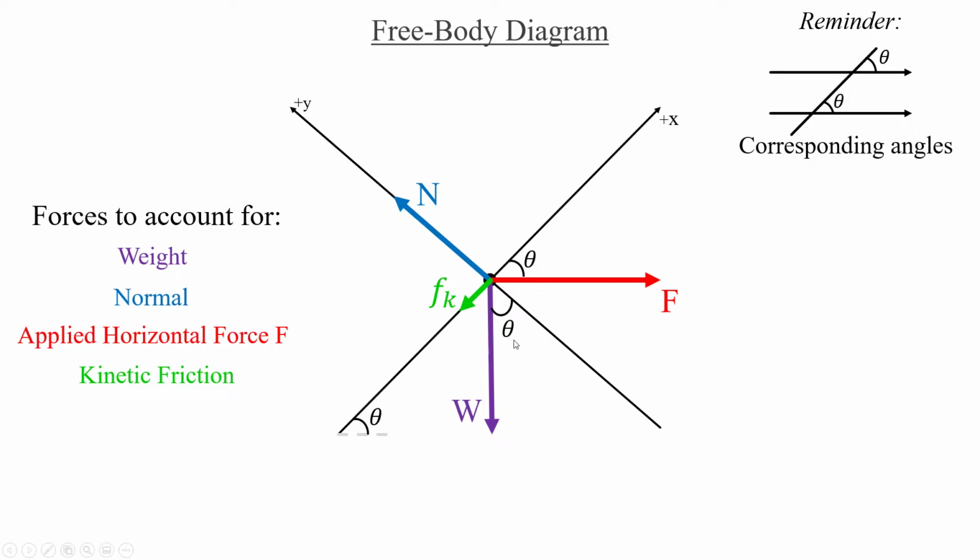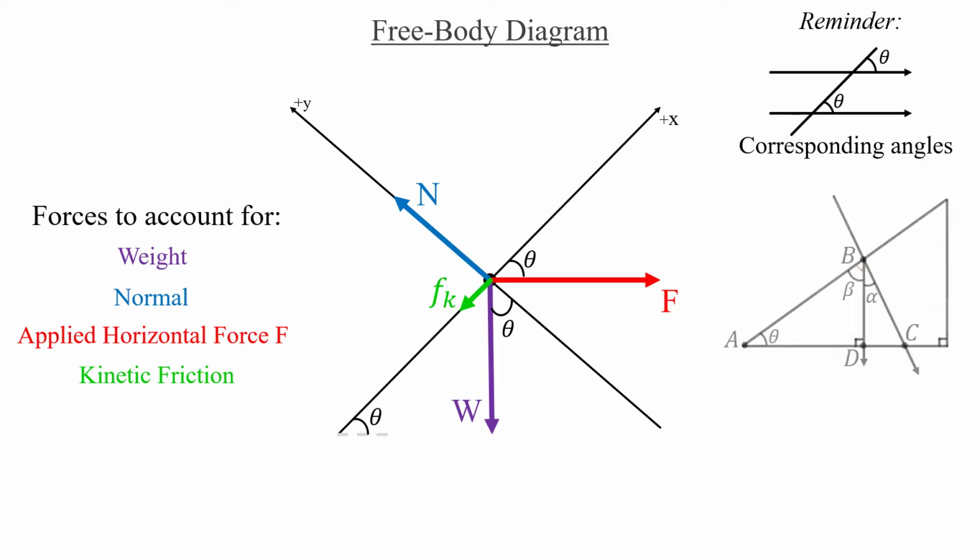The justification for this angle is a bit more involved, and I don't want to spend too much time on it because it's more geometry than it is physics, but if we recreate our free body diagram here over to the side using 3 separate triangles, as you can see here, I've got one with the right angle here, I've got 2, an upside down one, with the right angle drawn as a light brown color, which we'll come back to later.